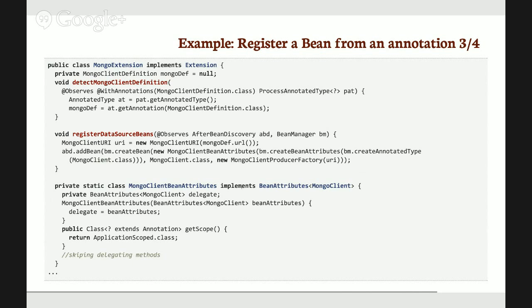So I can go into detail for the BeanAttributes. The MongoClient BeanAttributes is very simple. You see, it only provides application scope when you ask for the scope, and all the other methods are calling the delegate object, which is used to simulate the fact that we created a bean from the MongoClient type.